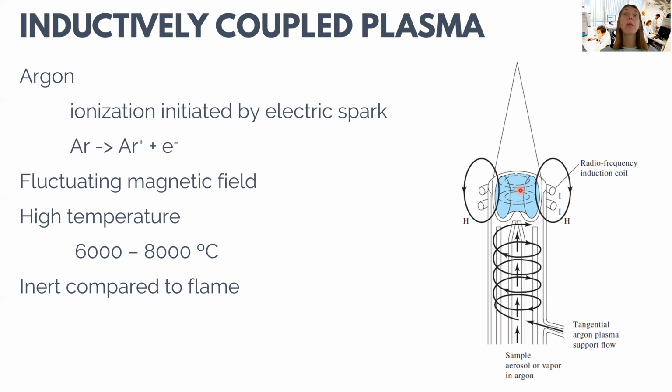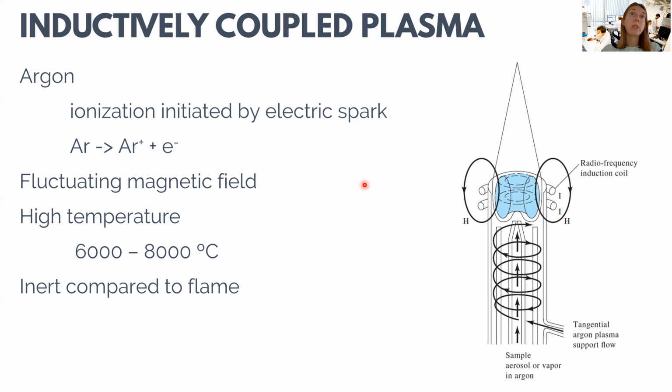Inert means that because no oxidizing species are being added to create this high temperature, like oxygen or air in the case of flame, there are no problems of oxidizing our analyte, for example, and therefore this plasma is much more inert.